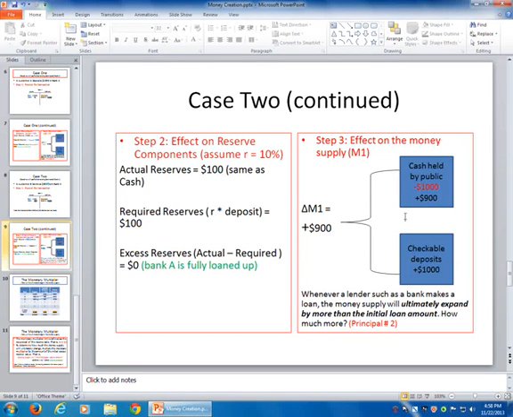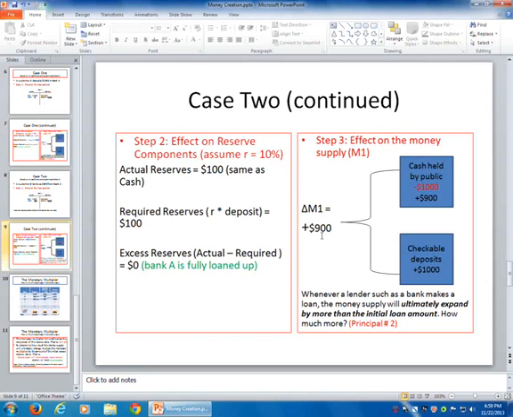Now this customer B comes to the bank and borrows $900. So customer B comes to the bank with nothing, leaves the bank with $900, and so now there's $900 being held by the public. Based on that transaction, cash held by the public goes up by 900. There was no effect on checkable deposits, and so based on this transaction, M1 gets bigger.